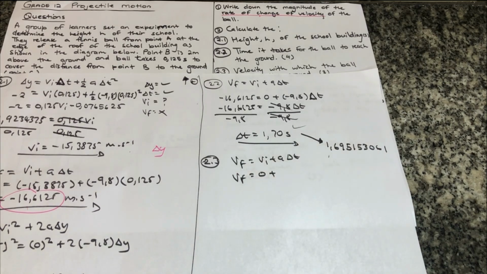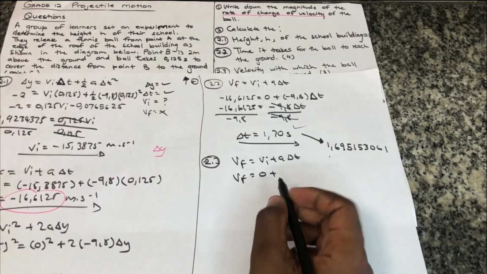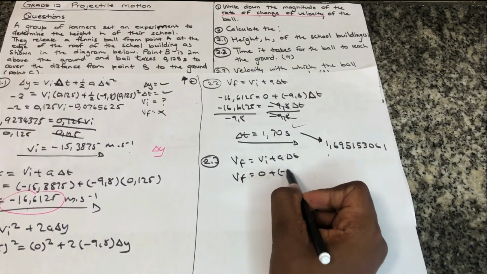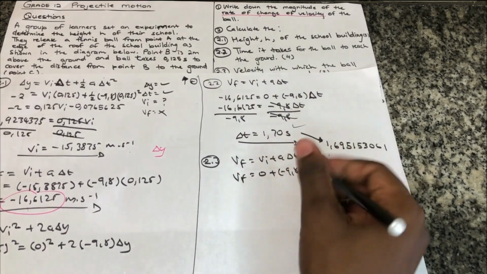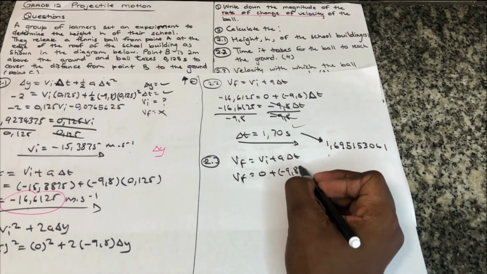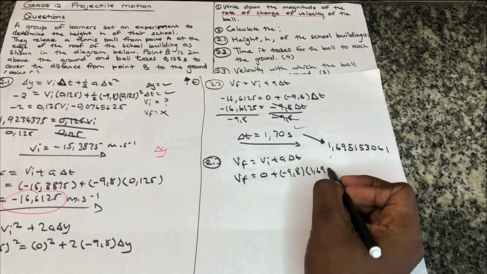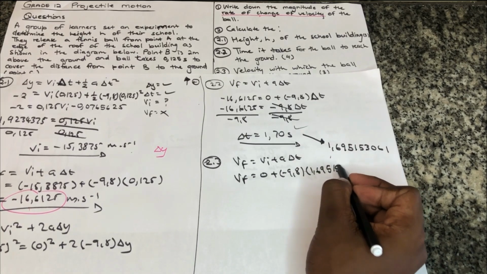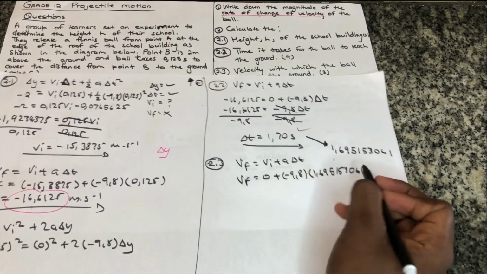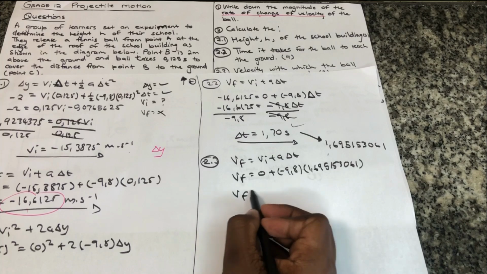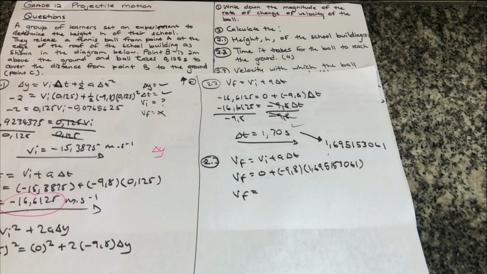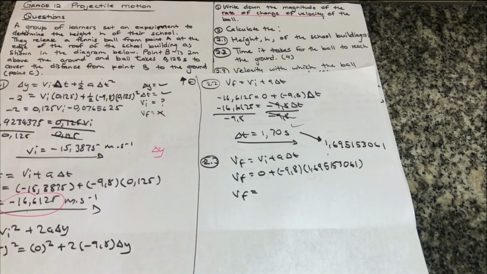that's going to be negative 9.8, because we chose upward as positive, multiplied by 1.695153061, our time. So our final velocity will be equal to 0 plus that.